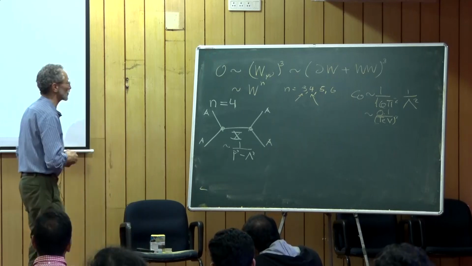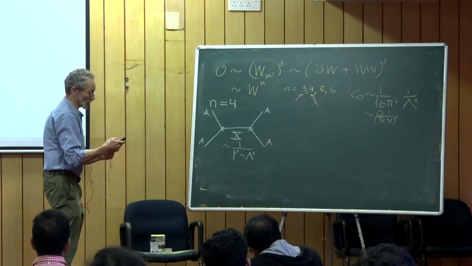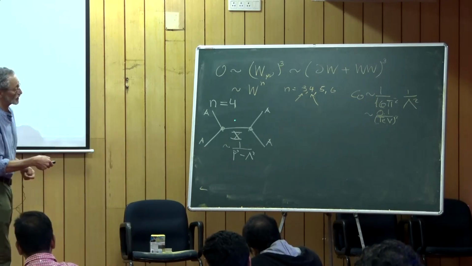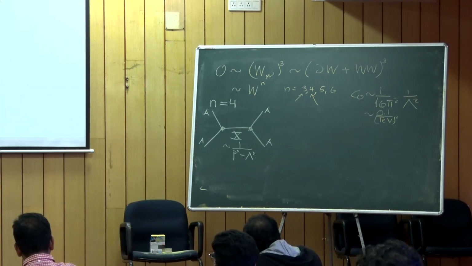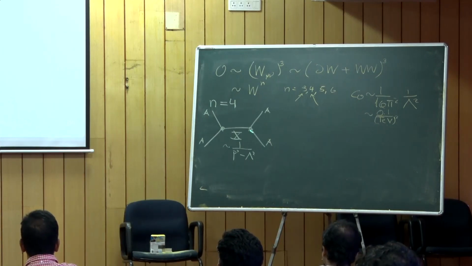This is actually working out for me, until you realize where this vertex comes from. Again, it comes from this guy. It's a three-field vertex. It comes only from the Lagrangian. That's the only origin.